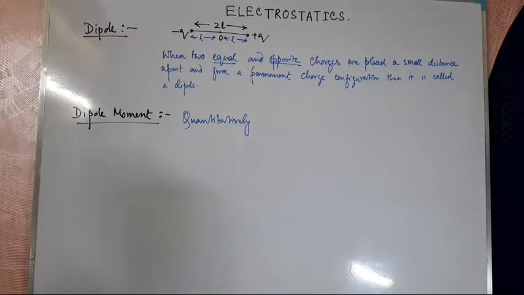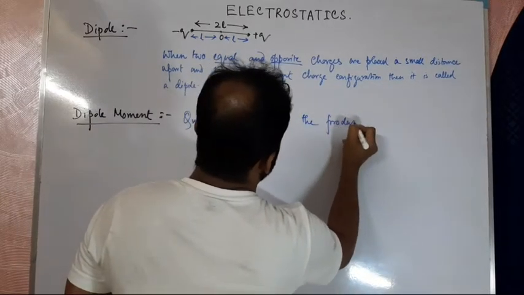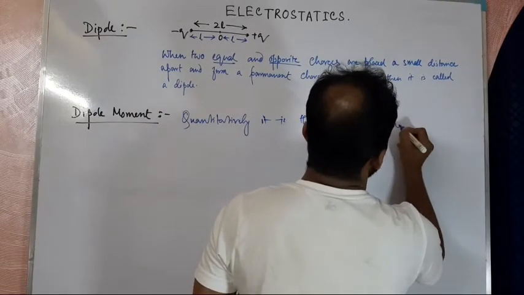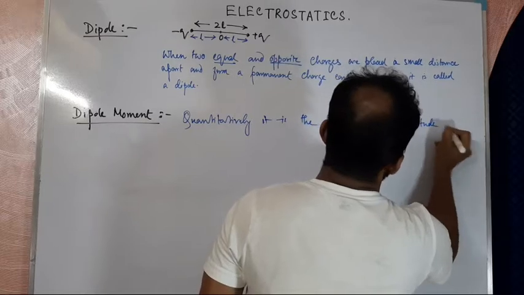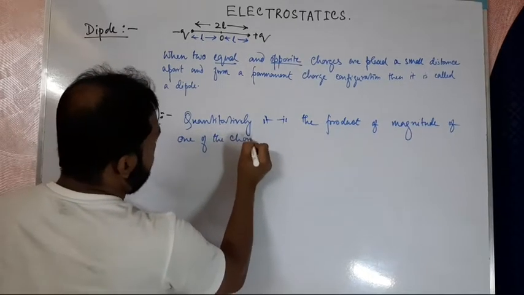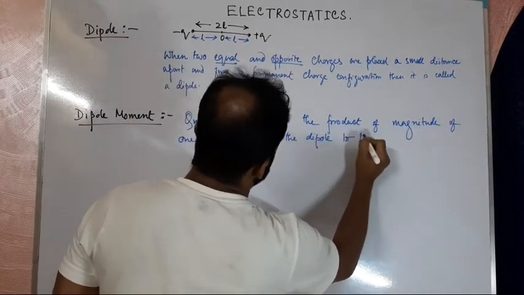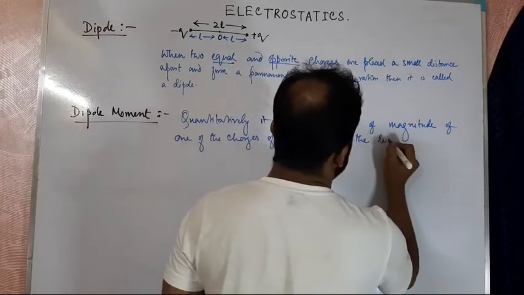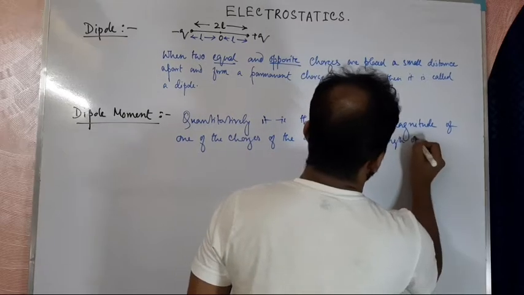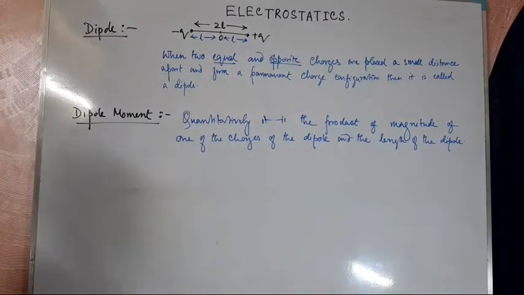Dipole moment is equal to the product of the magnitude of one of the charges of the dipole and the length of the dipole. So this is called dipole moment.